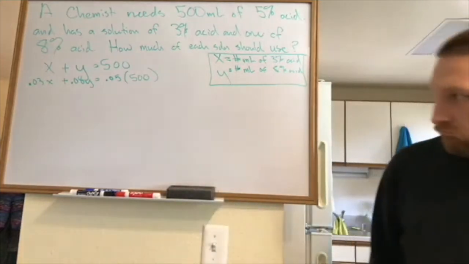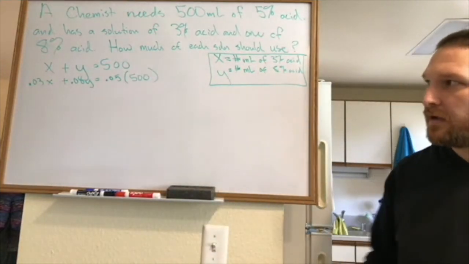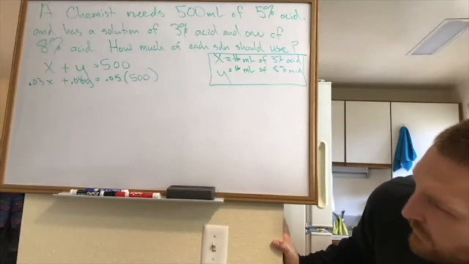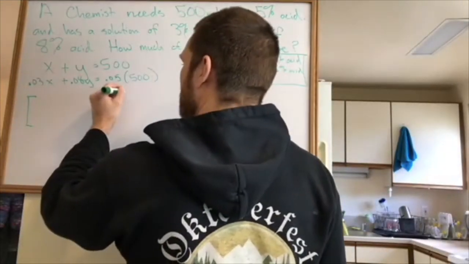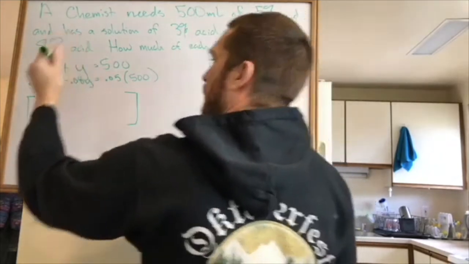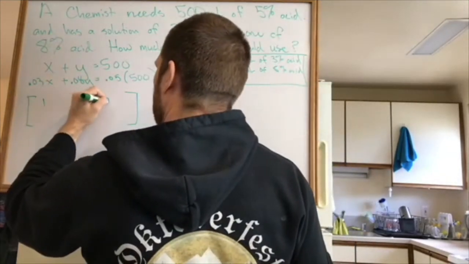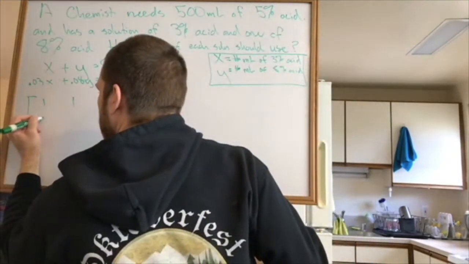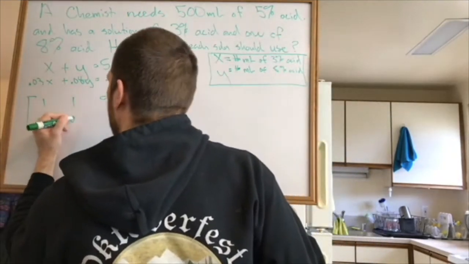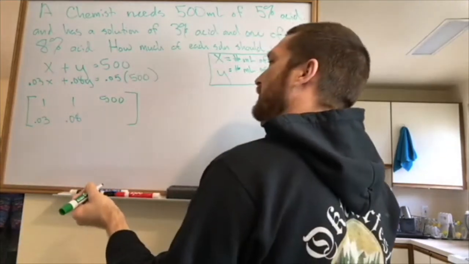The first way is to just blindly say, okay, there's my system. I could just write it in matrix form with a 1, a 1, and a 500. 1, 1, 500. 0.03, 0.08, and then 0.05 times 500.